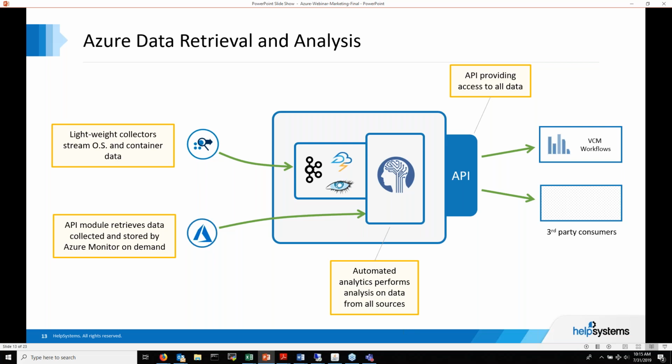So once we have that common understanding of the data, then we can make that available through an API that our Vityl Capacity Management workflows take advantage of. And then also, if you're engaged in DevOps, you can do a direct integration yourself and tie it to other tools that you may have in support of your DevOps processes.